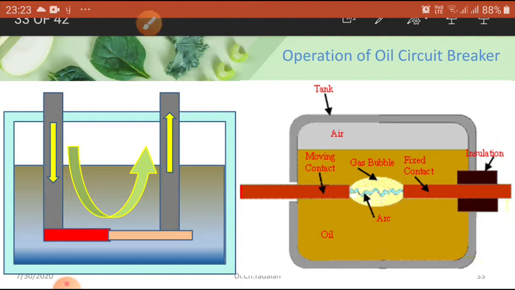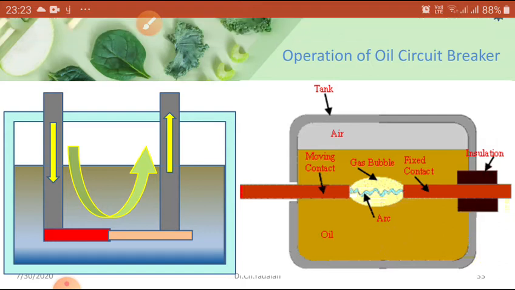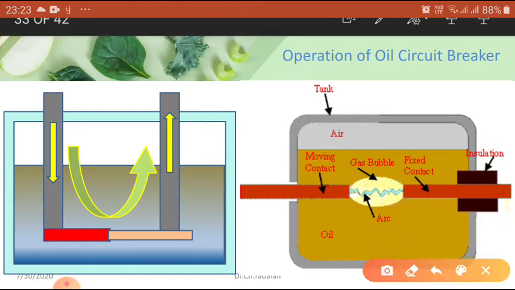When separation is not taking place, it is simply carrying current. Once separation takes place, what is happening now? This rod and this rod are separated by the mechanism. Now we can see the arc will automatically come into the picture.